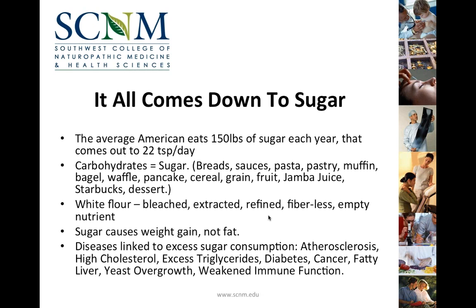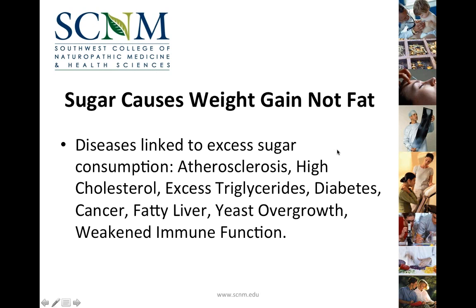The complex carbohydrates are the real food. The simple carbohydrates are more gravitating towards these food products. So an example would be wild rice versus pasta. So it's the sugar that's causing the weight gain, not the fat.